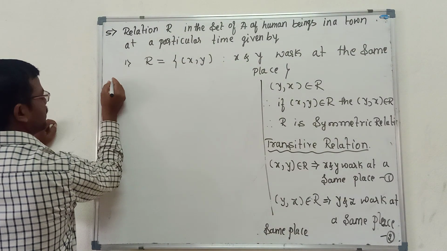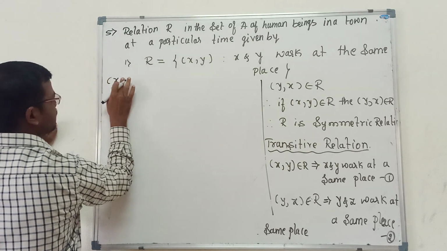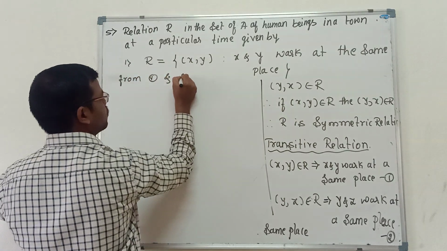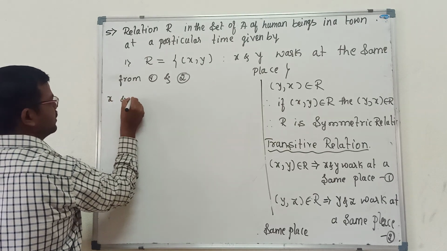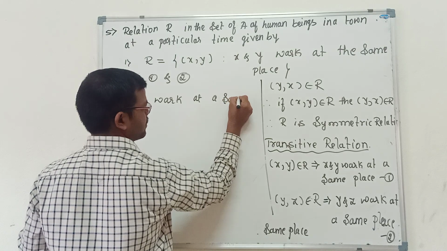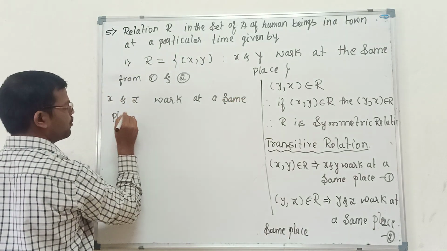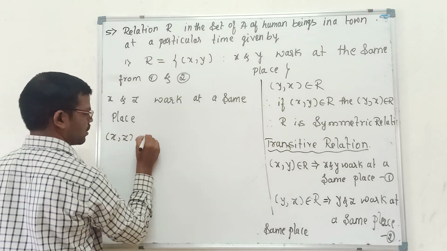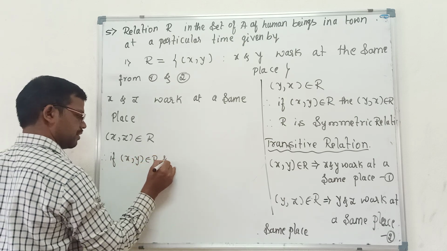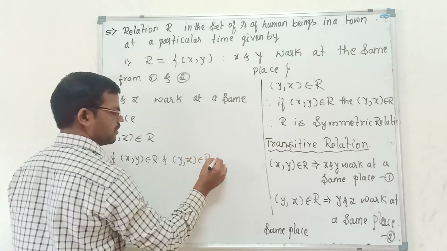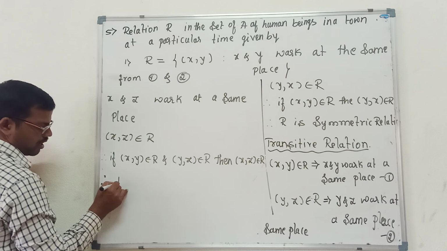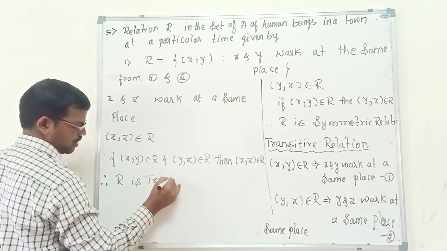If they work at the same place, it means (x, z) belongs to R. Therefore, if (x, y) belongs to R and (y, z) belongs to R, then (x, z) belongs to R. Therefore, R is a transitive relation.